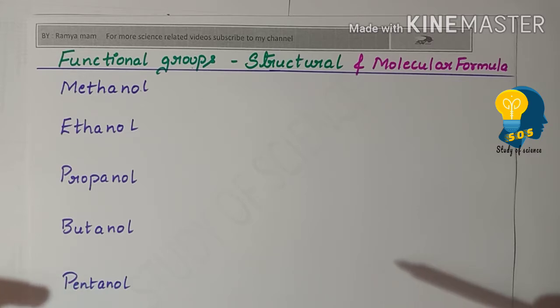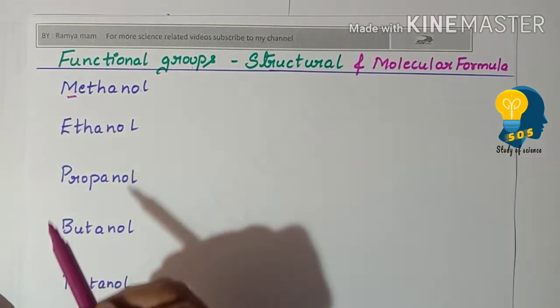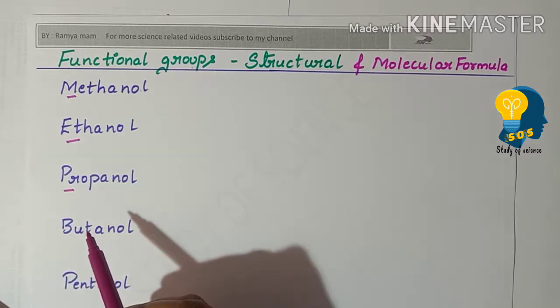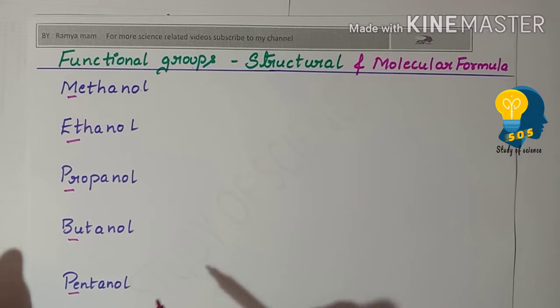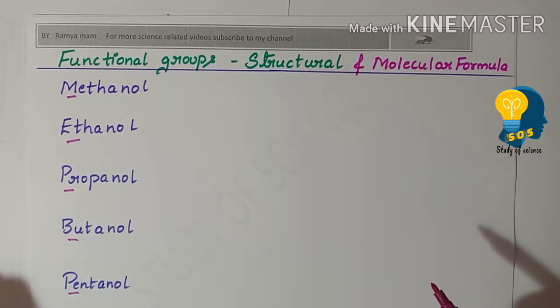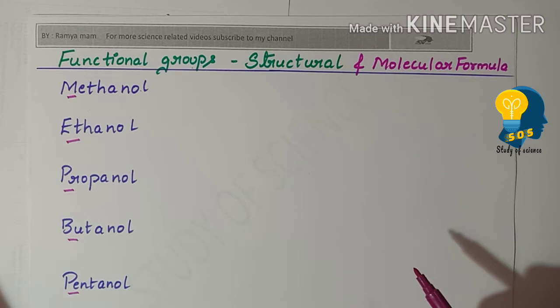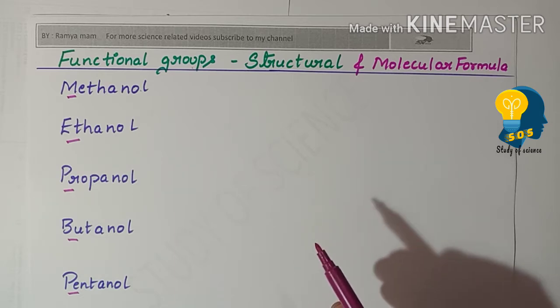Then let's get started. See, methanol. We know that meth means there is 1 carbon. Eth means 2 carbons. Prop means 3 carbons. But means 4 and pent means 5. So this carbon count also includes the carbon if it is present in the functional group. That means if the functional group contains carbon, that carbon is also included in the longest carbon chain.